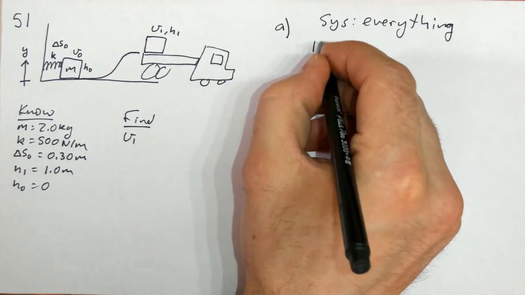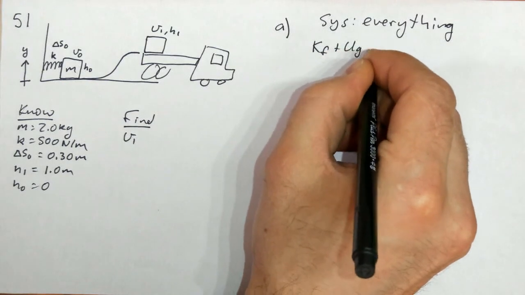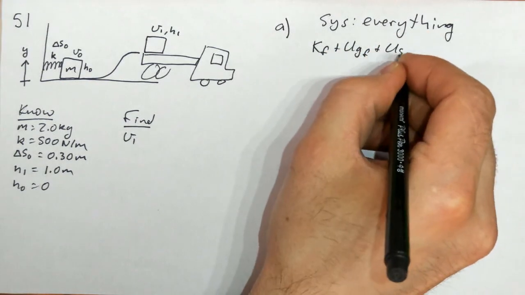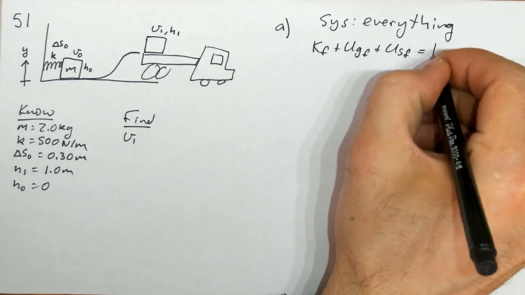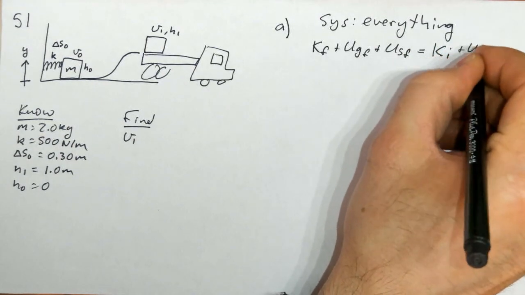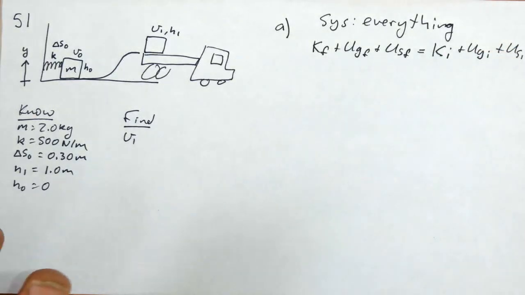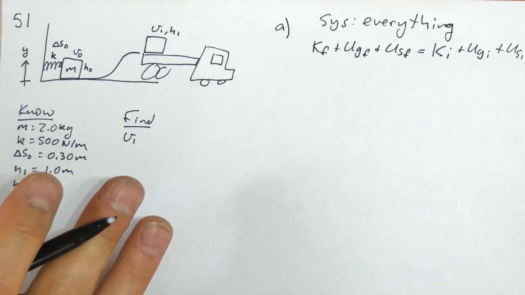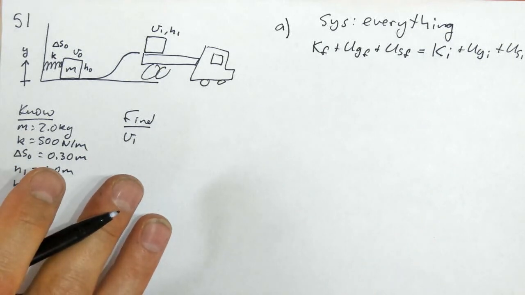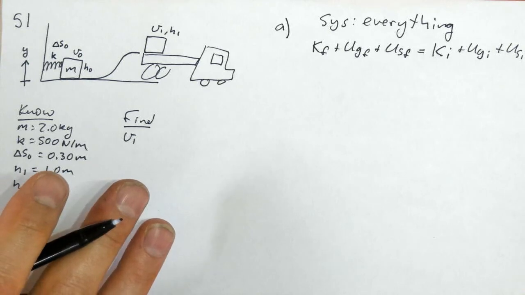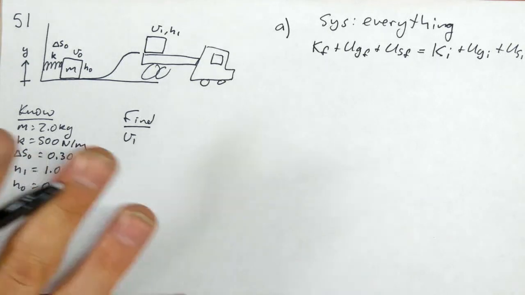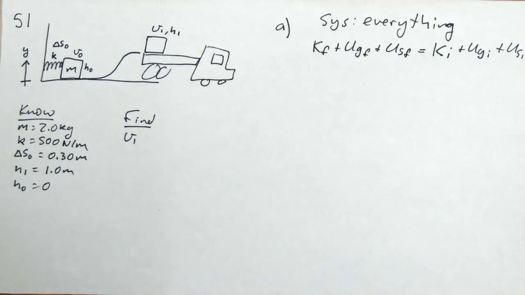So I'm going to have K final plus UG final plus US final will equal K initial plus UG initial plus US initial. Now in part A, you've probably noticed part B has a thermal energy because of friction. But in part A, it's not there, so we're assuming everything's frictionless, so we don't have any dissipative forces. So this is my conservation of mechanical energy, because there's no delta E thermal, there's no external work done.